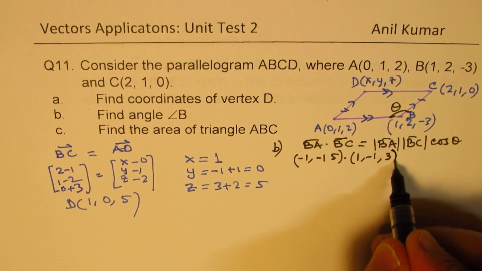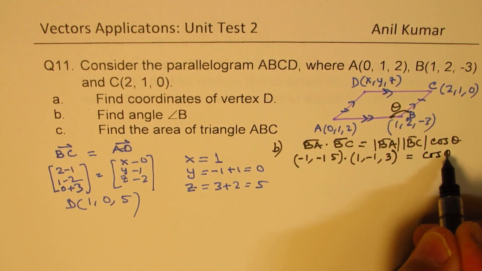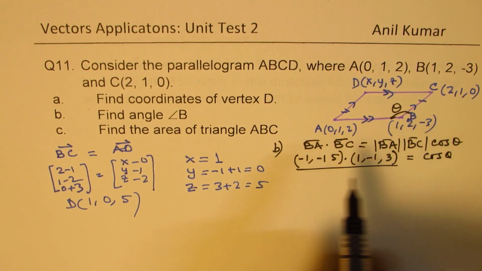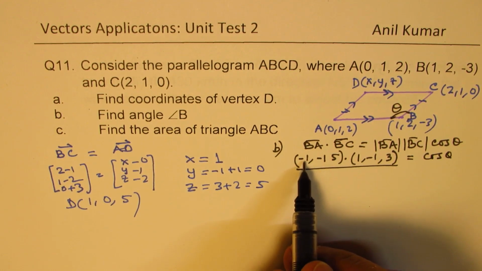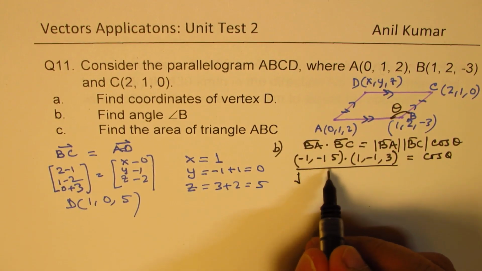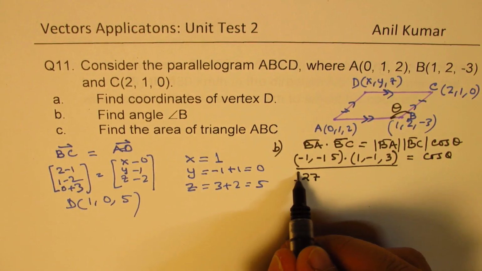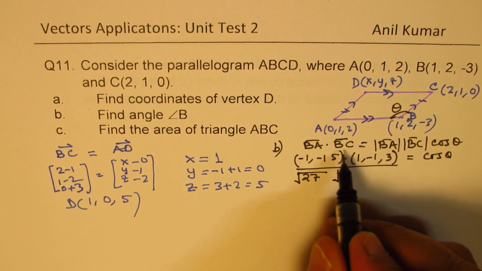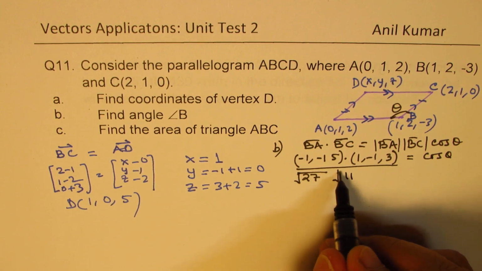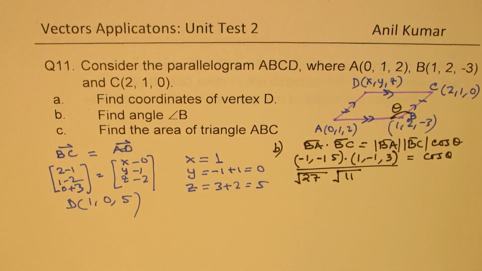We have to find cos theta, so I'll divide by the magnitudes of BA and BC. The magnitude of BA is 1 squared plus 1 squared plus 5 squared, which is square root of 27. And the magnitude of BC is 1 plus 1 plus 9, so it is 11.